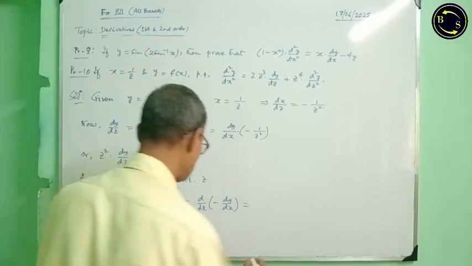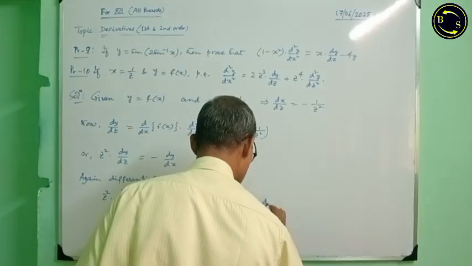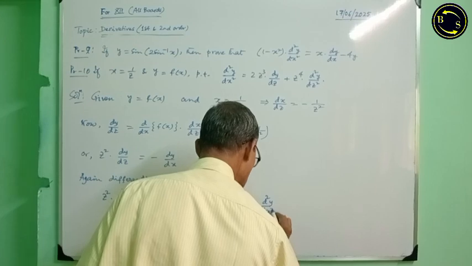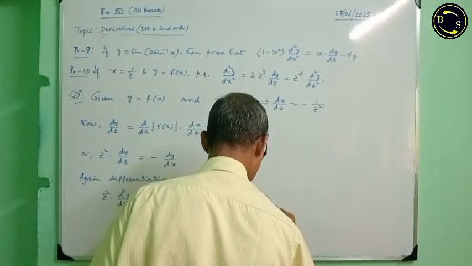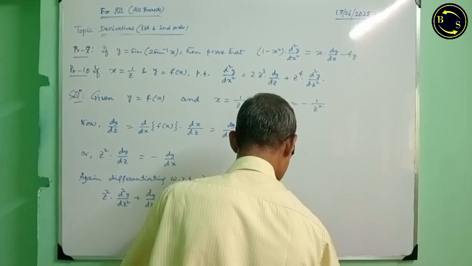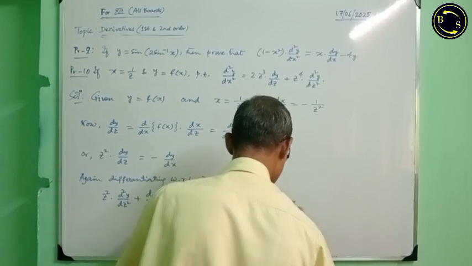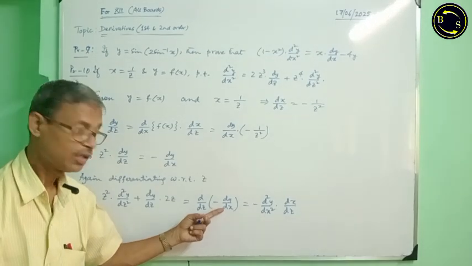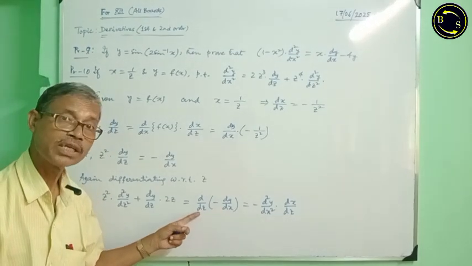Chain rule, minus d²y/dx² into dx/dz. A function of x, we are differentiating with respect to z.